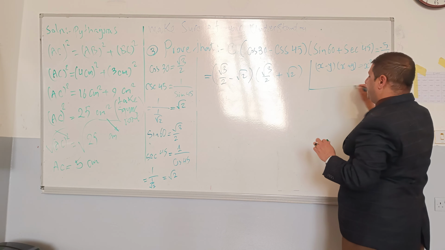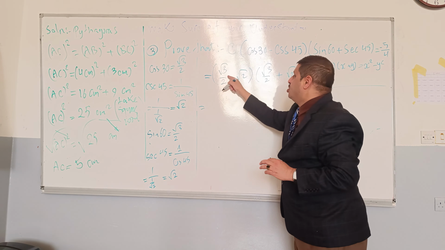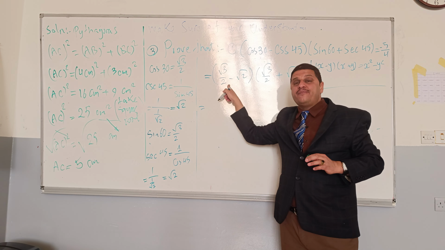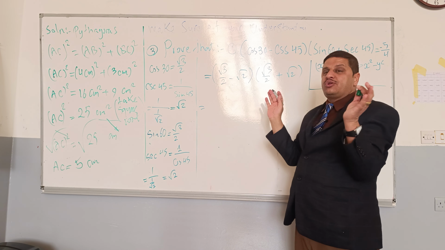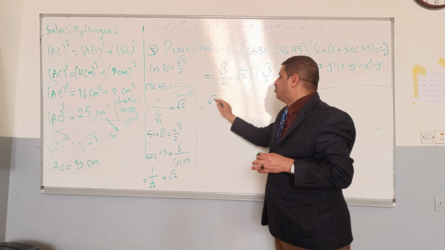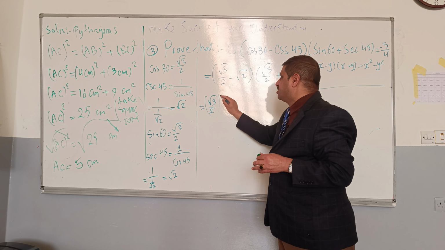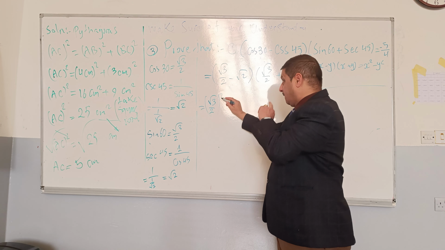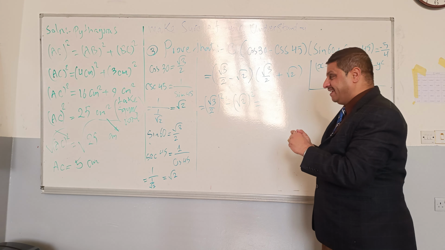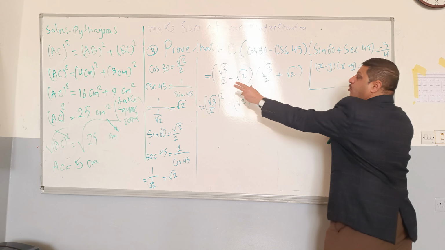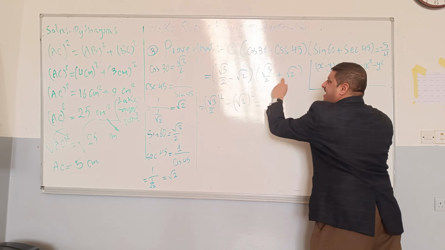I mean that it equals: take the negative bracket and square its two sides. Square root of 3 by 2, all squared, minus square root of 2, all squared. Okay? I repeat, look at this quantity. They are the same.